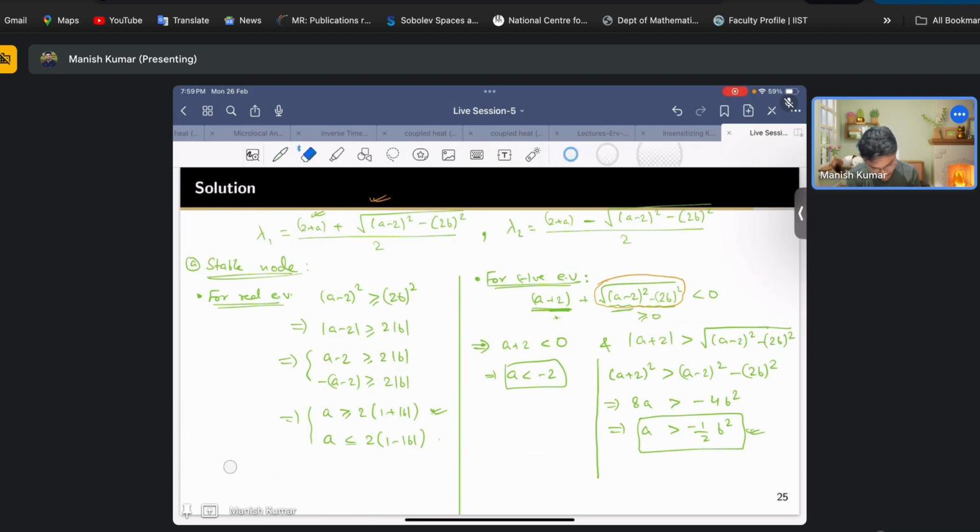So a greater than or equal to 2 plus 2 mod b. Here I'm saying this.